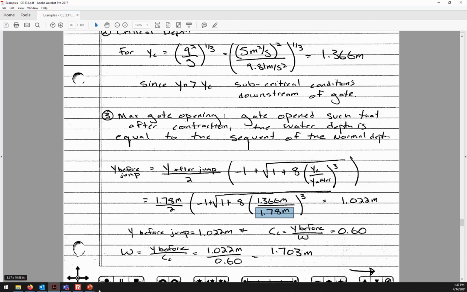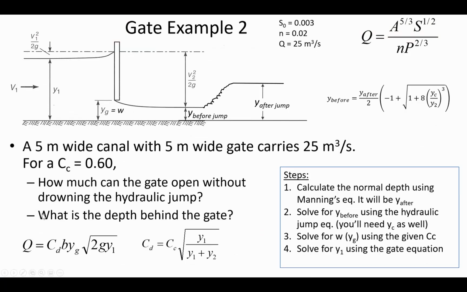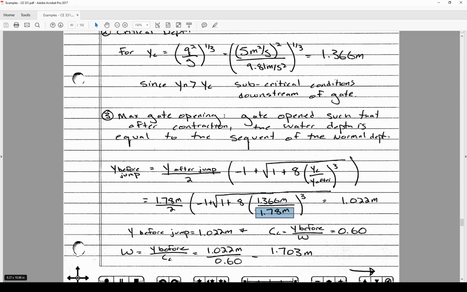Now, the second part of this example is the depth behind the gate. So we know what the gate opening height is going to be, and so we're going to be solving for y1 in the orifice equation because it's carrying 25 cubic meters per second, so Q is known, and the discharge coefficient can be calculated since we've got the coefficient of contraction.